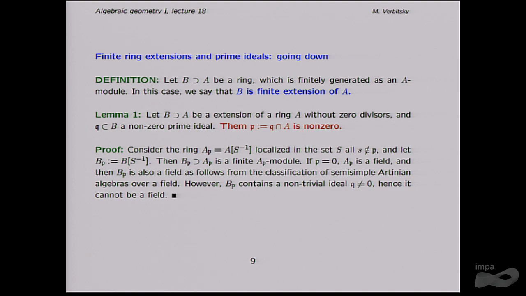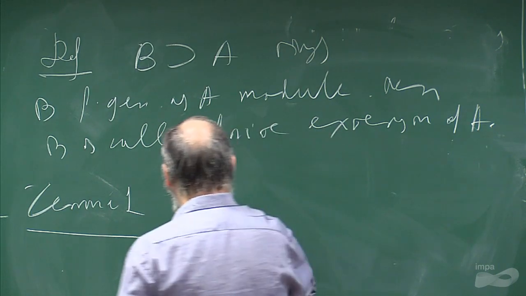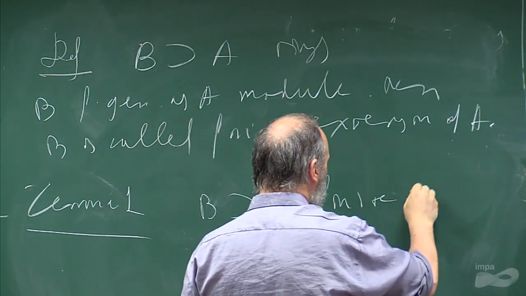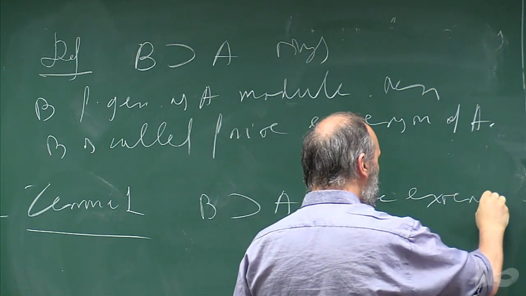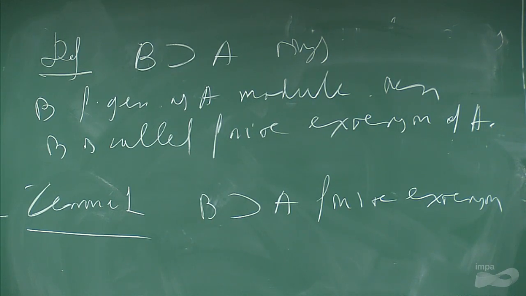Now, lemma 1. This is a statement about going down. You have B containing A, a finite extension. You don't need Noetherianity here, I think. For the next slide you will.